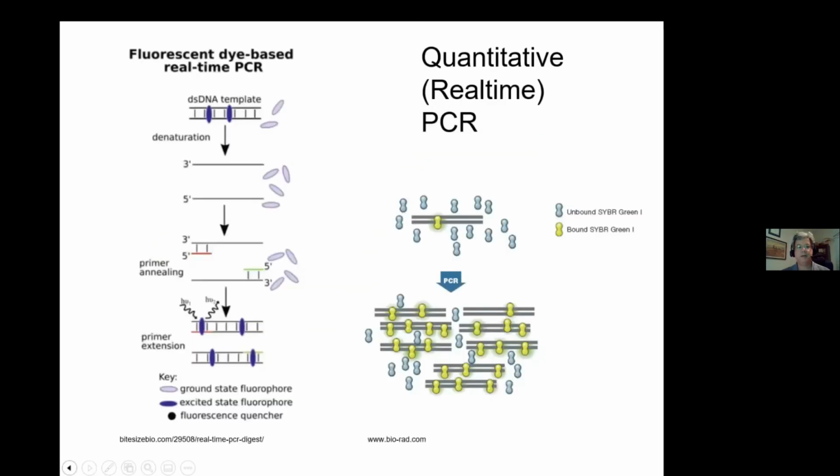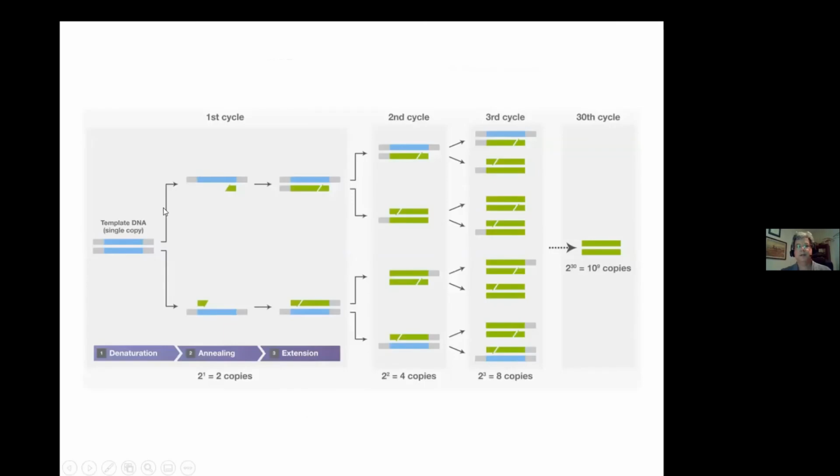So if you started with one and we can detect, say, 10,000, if you start with one, it's going to take a whole bunch of these cycles to get up to 10,000. If you started with 5,000, it's only going to take you one cycle to get to 10,000, right?